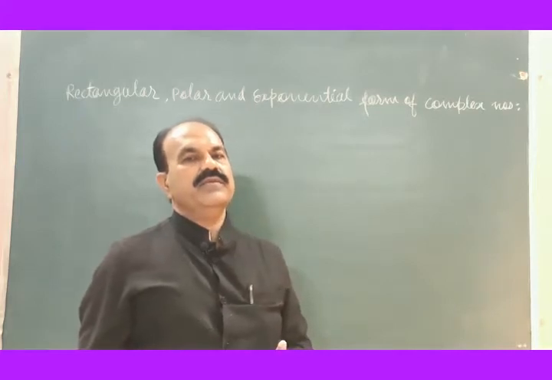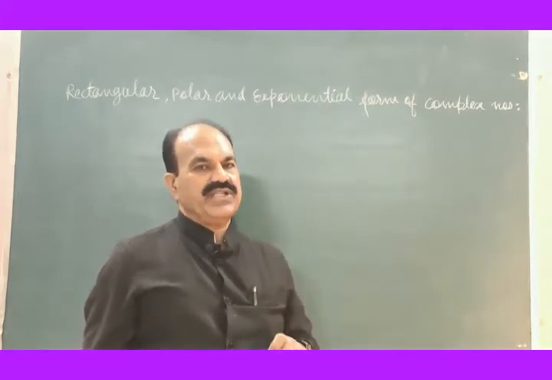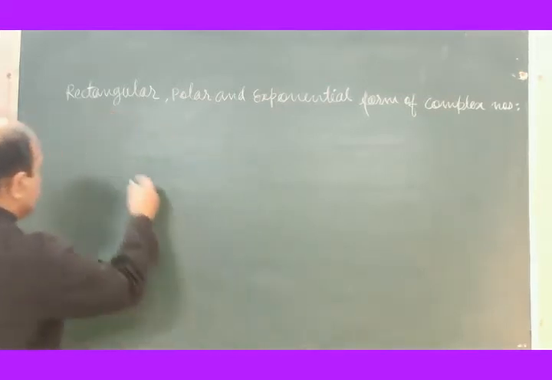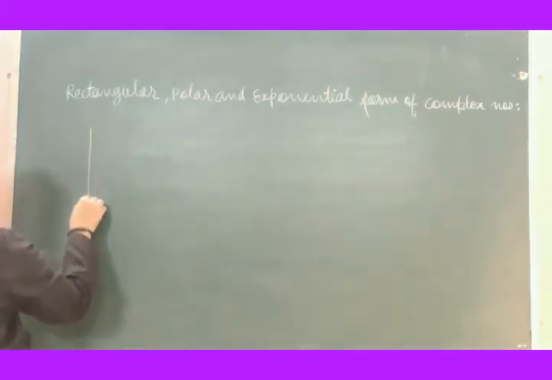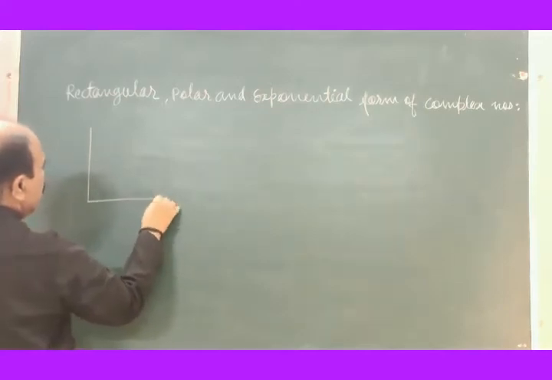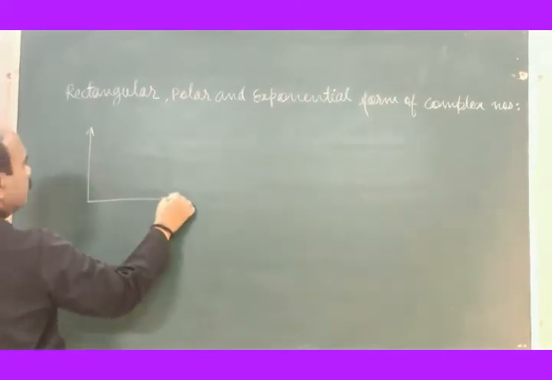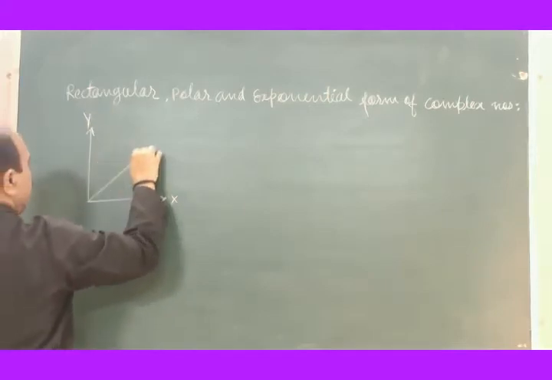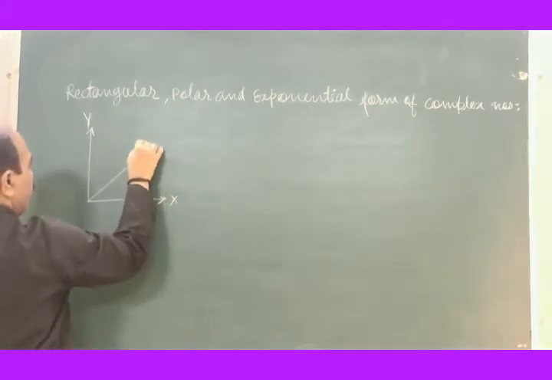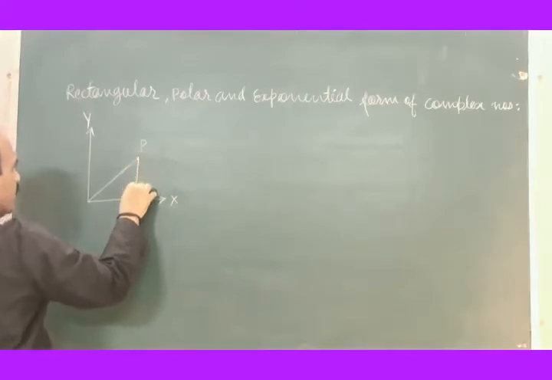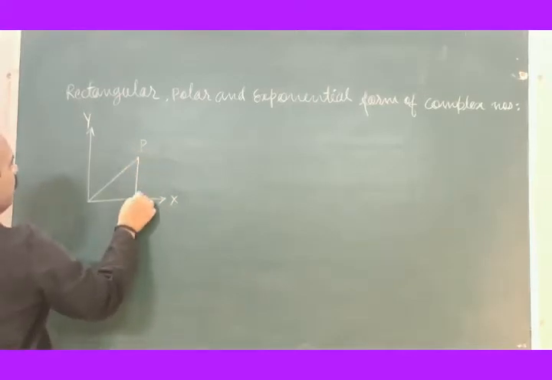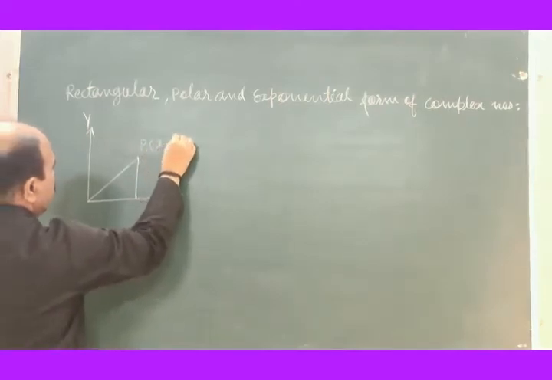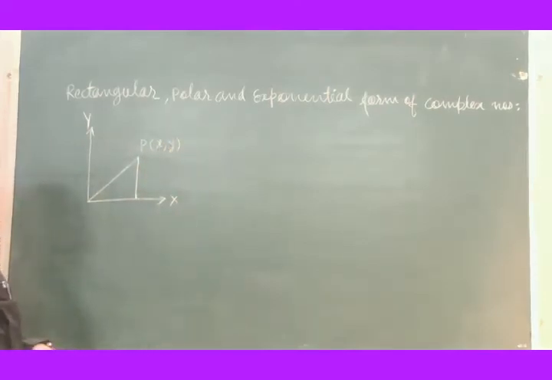When we consider a point in an Argand plane like this, this is the Argand plane or complex plane, and if we have any point P on this complex plane, then this point P is represented by coordinates x and y.